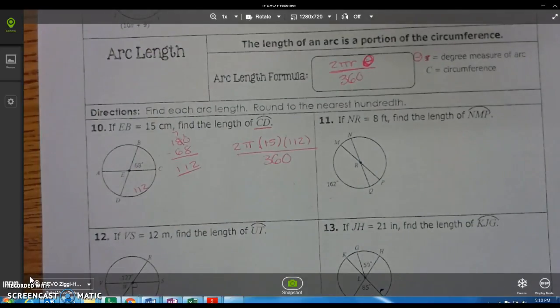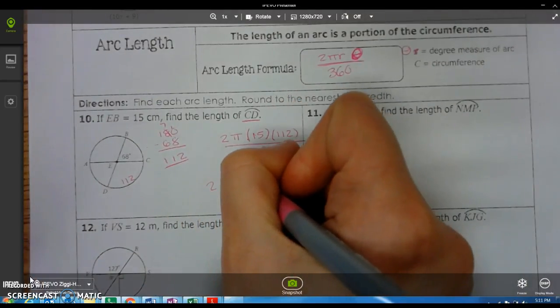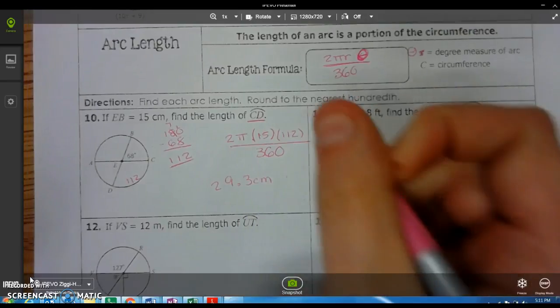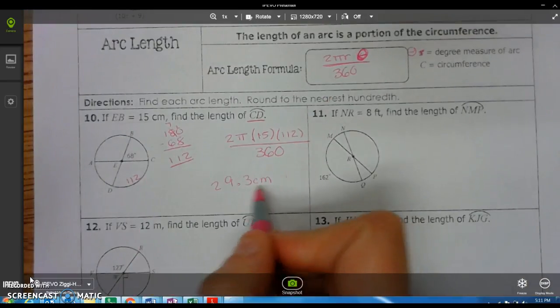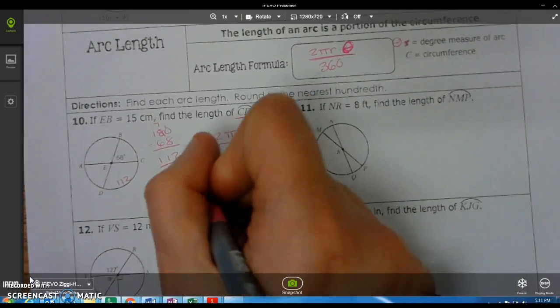So give me just a second and you can do it too. 2 times pi times 15 times 112 divided by 360. And this is a part of the circumference, so it's just measured in centimeters because it's one distance.